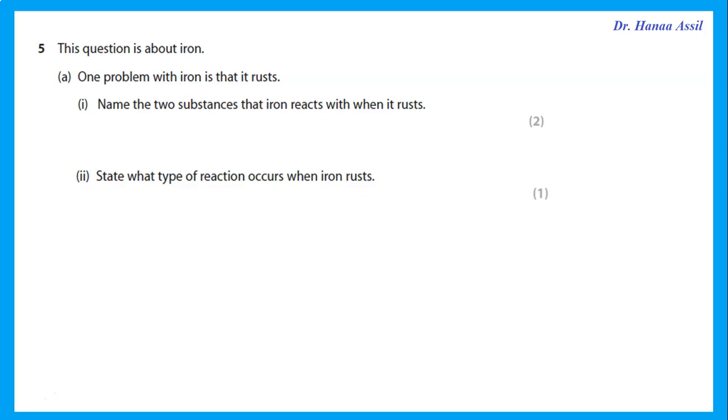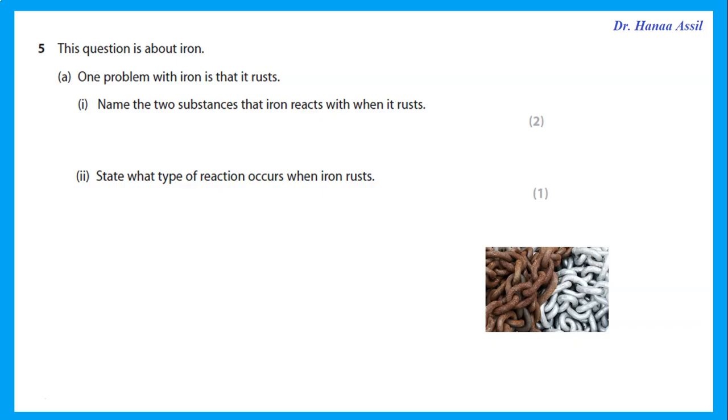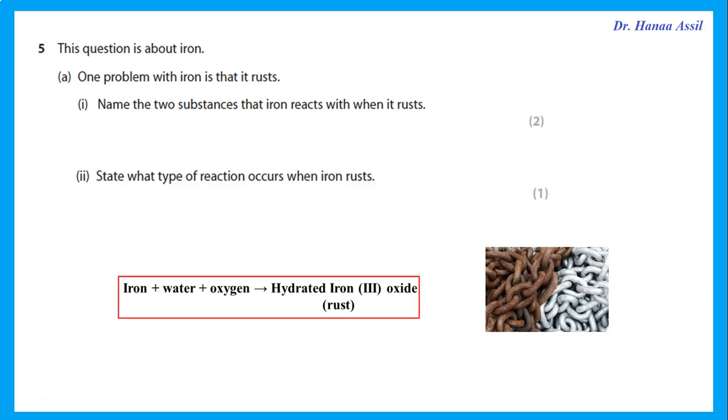Question 5 is about iron. One problem with iron is that it rusts. Name the two substances that iron reacts with when it rusts. You should know that iron originally is silvery in color or silvery gray in color, but then when it rusts, it becomes reddish brown. Now, why is it rusting?